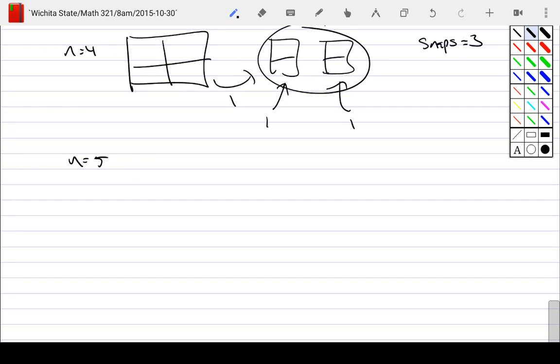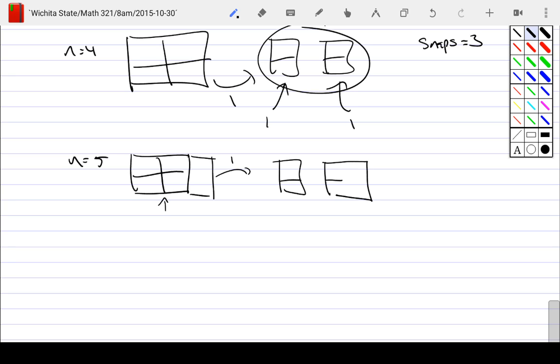n equal to 5. Right, there's 5 pieces. I don't care where you break it, right? Let's say I break it here. I'm going to do one break, and it becomes this piece and then this piece.